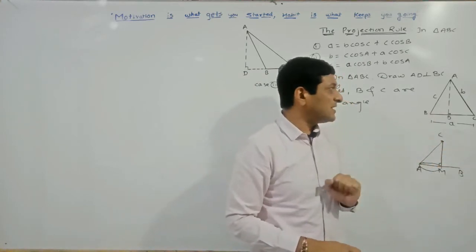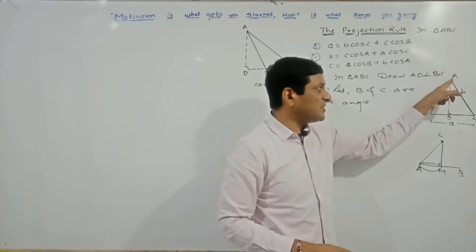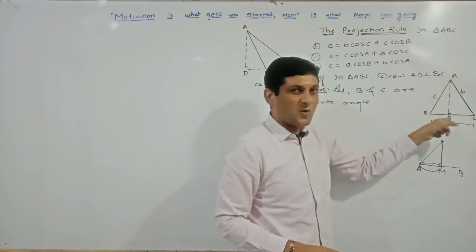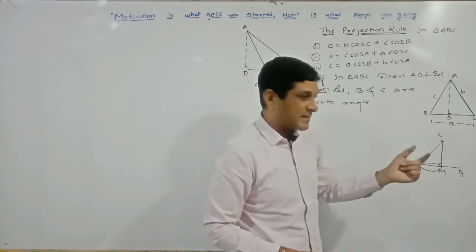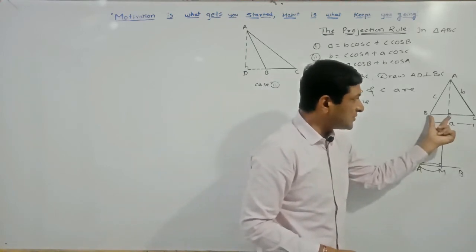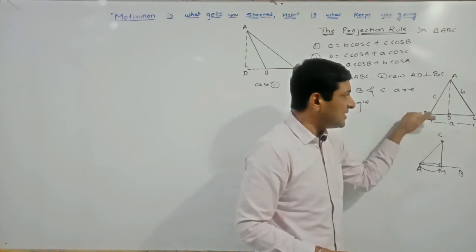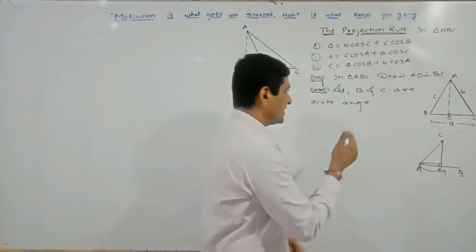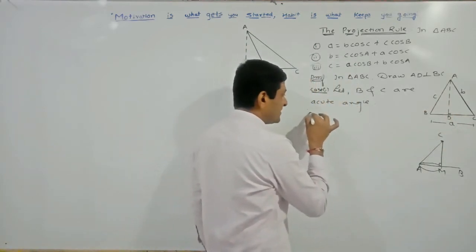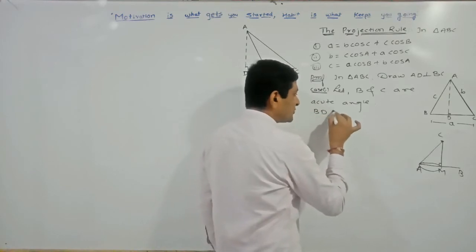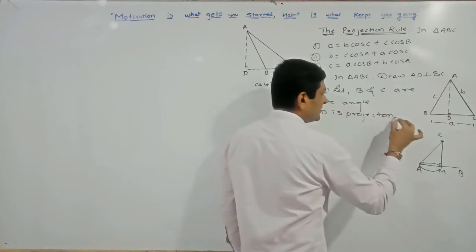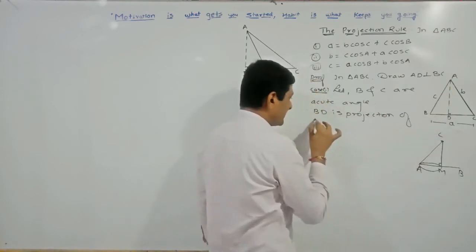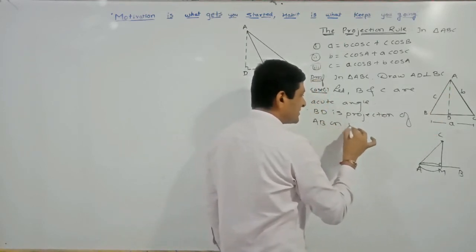So here in this case we can observe that from this vertex a perpendicular is drawn on BC, and the foot of the perpendicular we are denoting by D here. So that's why this BD is nothing but the projection of AB on BC. Therefore BD is the projection of which segment? AB. On which segment? BC.